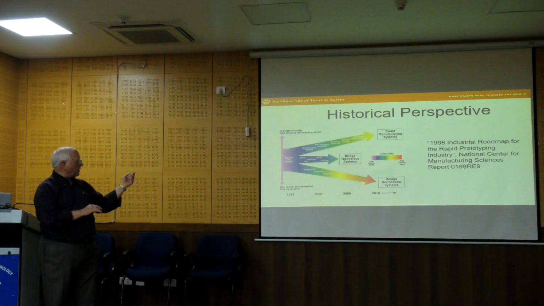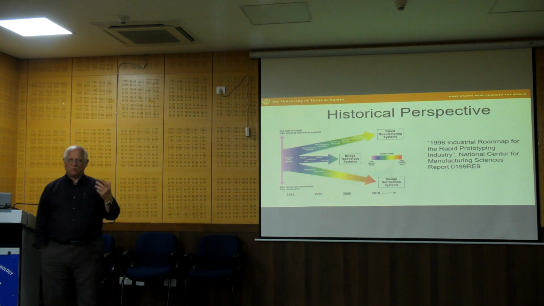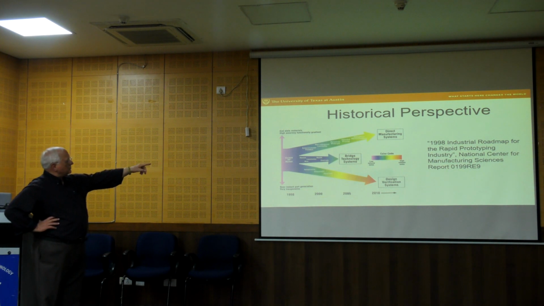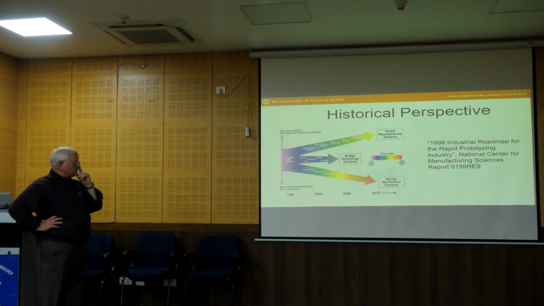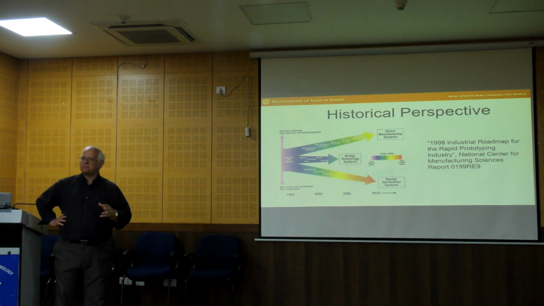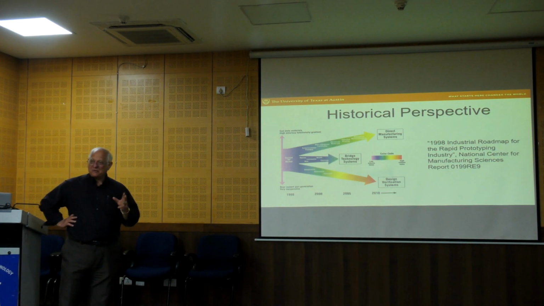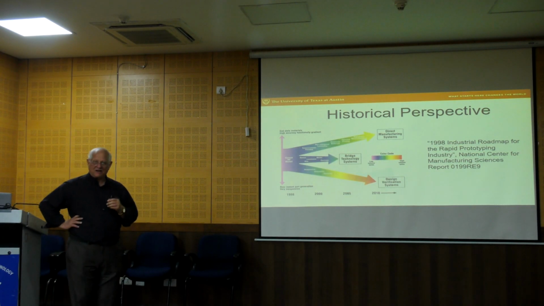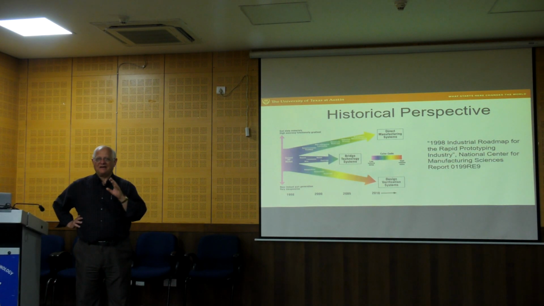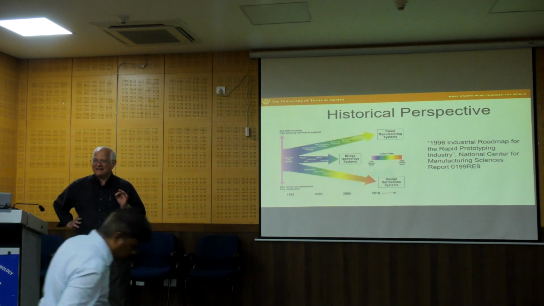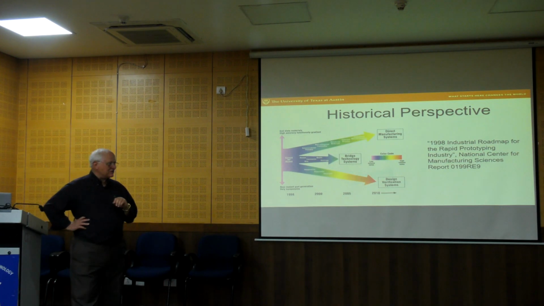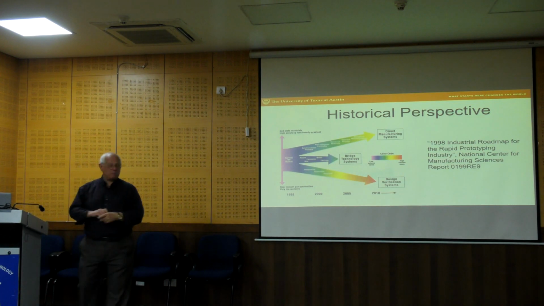It was a group of people, primarily industrial people, led by Terry Wohlers from the U.S., and it was sponsored by the National Center for Manufacturing Sciences. It was a nice prophetic piece describing where we're going with this technology. They were incorrect on the details, but they were correct with the big picture. And that's what I want to show you.